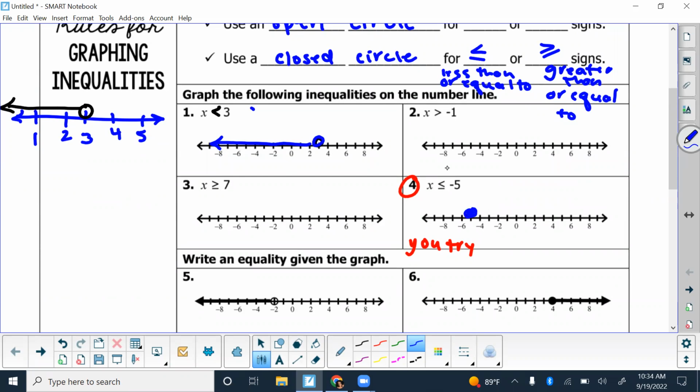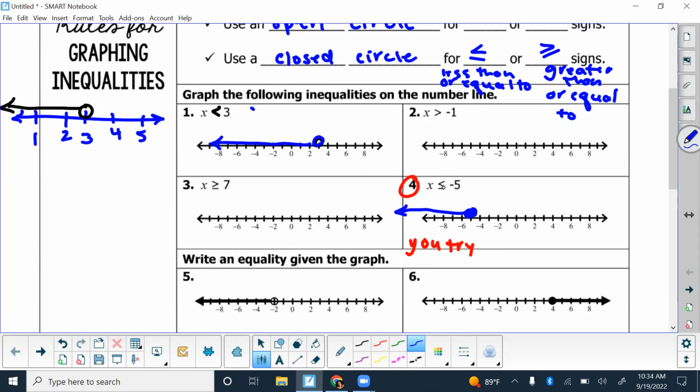That tells you that -5 is part of the solution when it's closed, versus over here when it was open. And then what direction should the arrow go? To the left or to the right? To the left is correct, because we want numbers that are less than or equal to the -5.